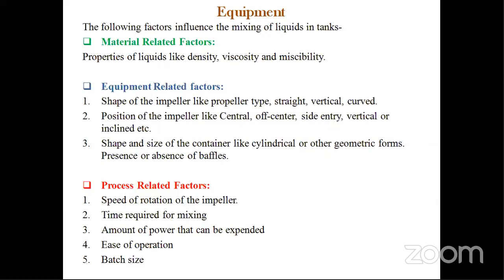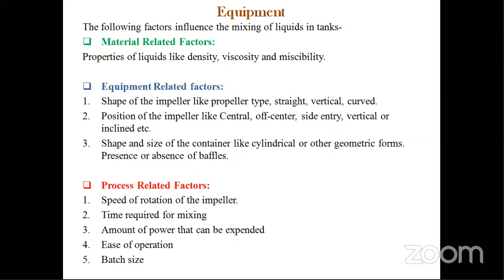Presence or absence of bubbles. So these equipment related factors, if we change or maintain them, can affect the liquid mixing process, meaning we slow down the mixing process or increase it.